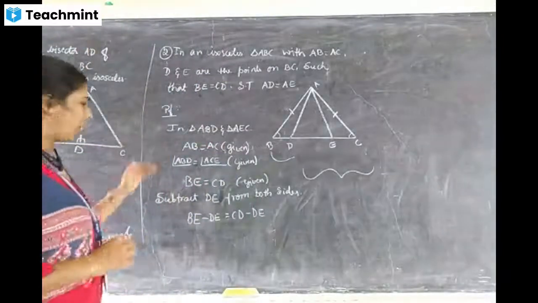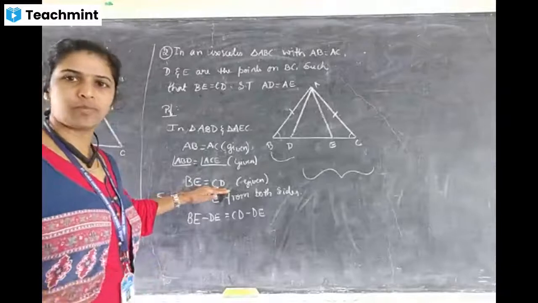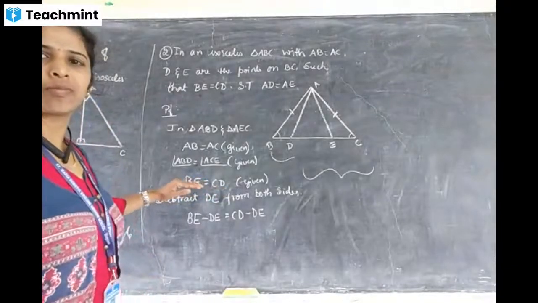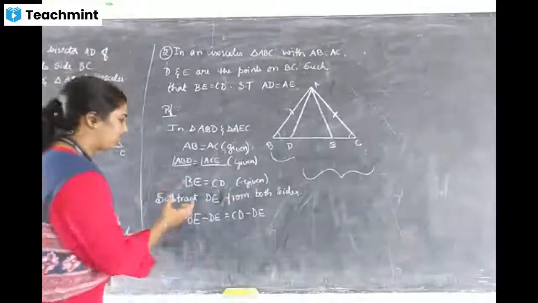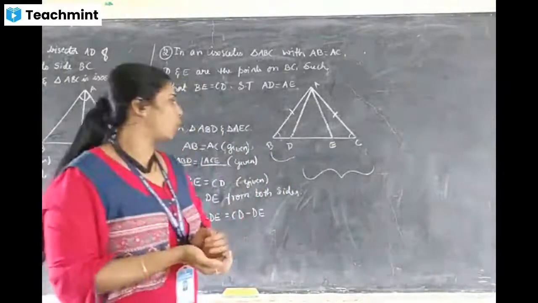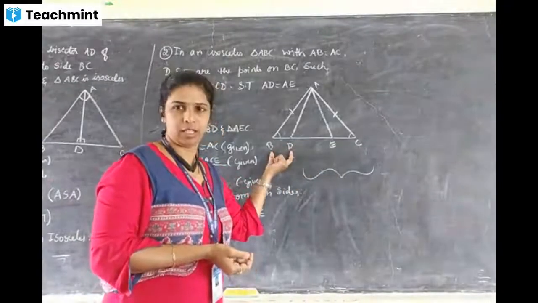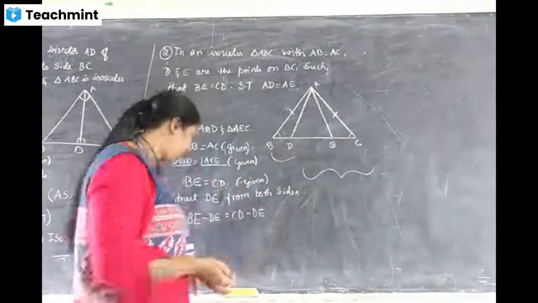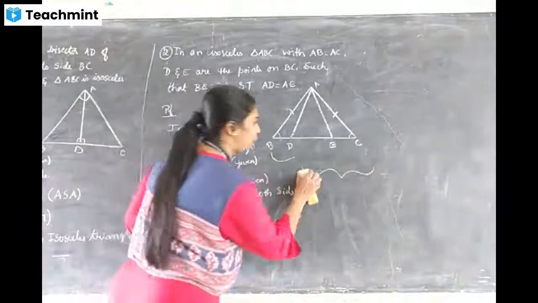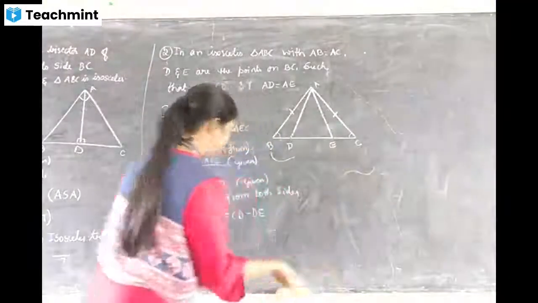Okay. BE is equal to CD, till here you understood. Now, what I have done, I removed this DE from both the sides. So, if I remove DE from BE, I am getting only BD. Even same thing I have done here. If I remove this DE from CD, only CE is remaining.